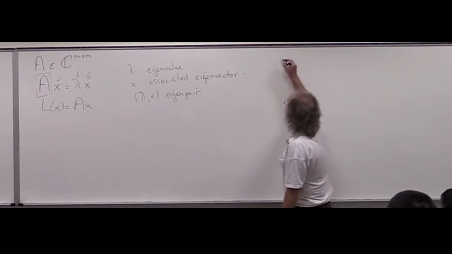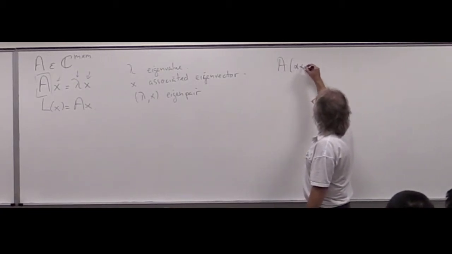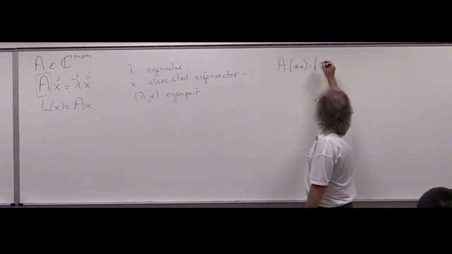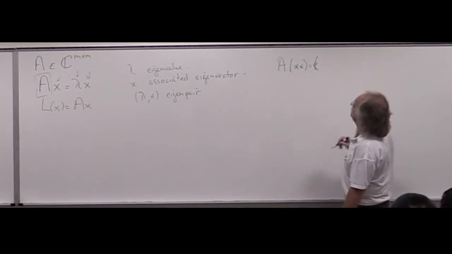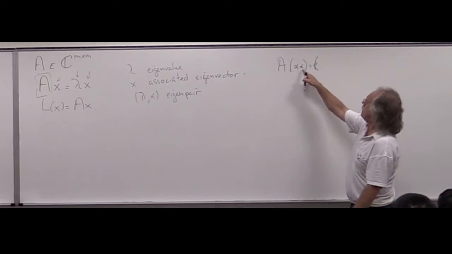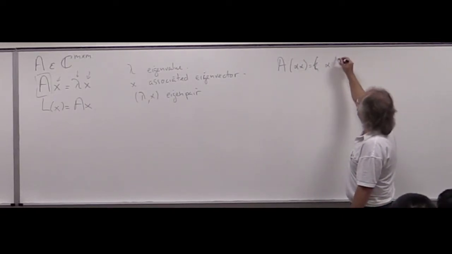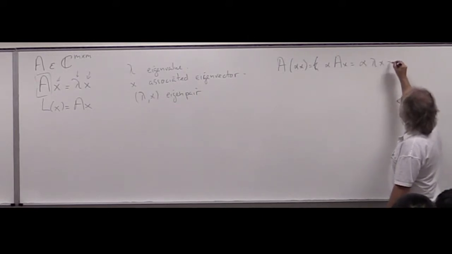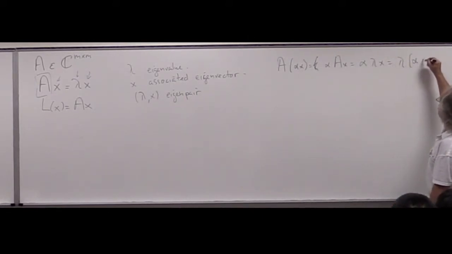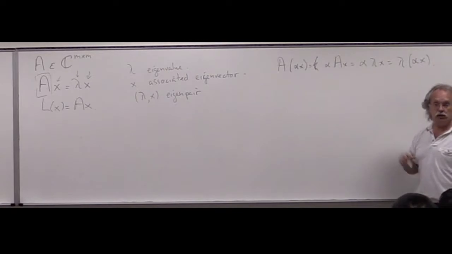Why? Because if you scale x, A times alpha x is equal to alpha times A times x, which is equal to alpha times lambda times x, which is equal to lambda times alpha x, and bingo, I've created a new eigenvector.